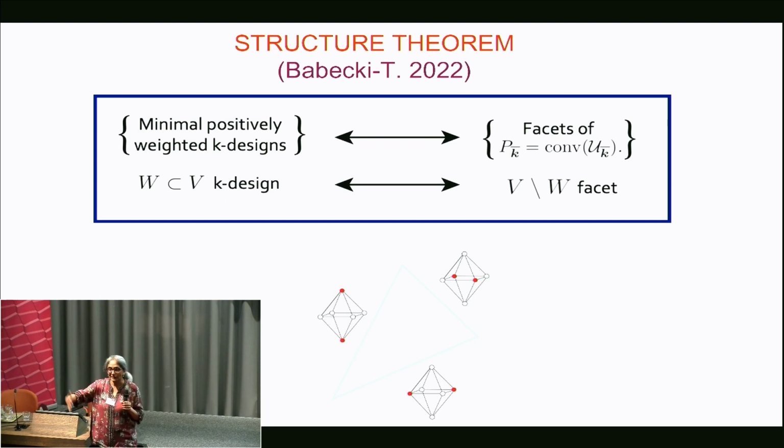So all the faces do index designs, but the minimal ones are indexed by facets. In this picture, you see the facets, which are the lines. They index the minimal designs, but if you go to the vertices of this polytope, which are faces, they will also index designs, the same type of designs, but they're not minimal. They contain more vertices.